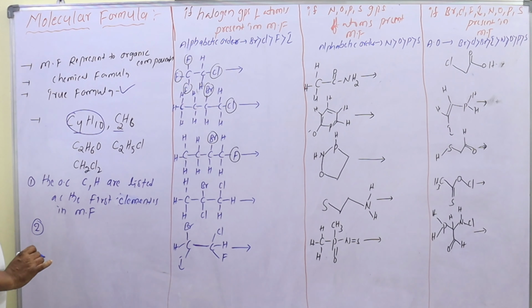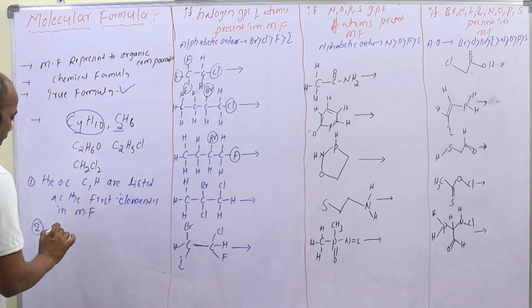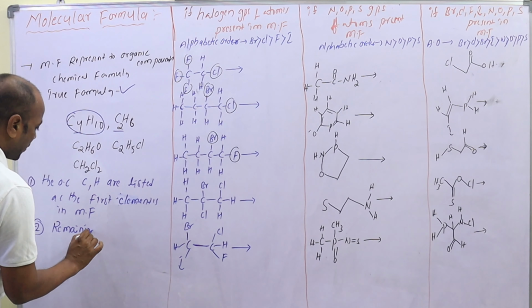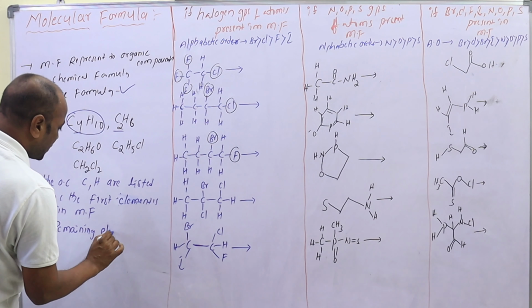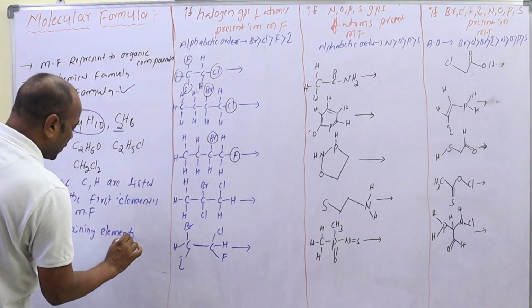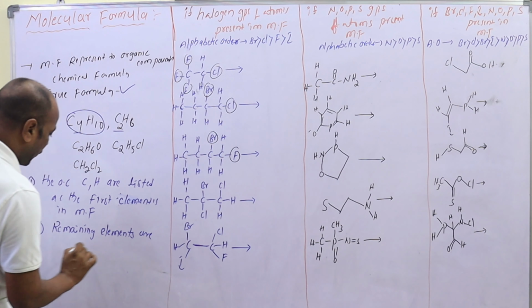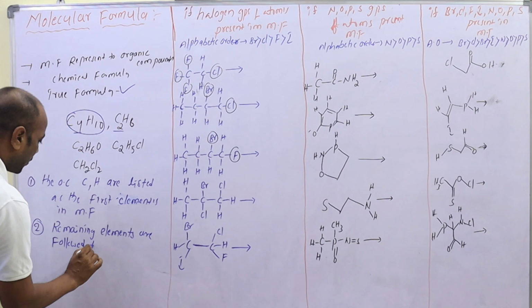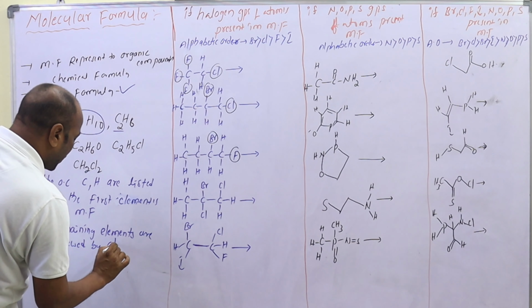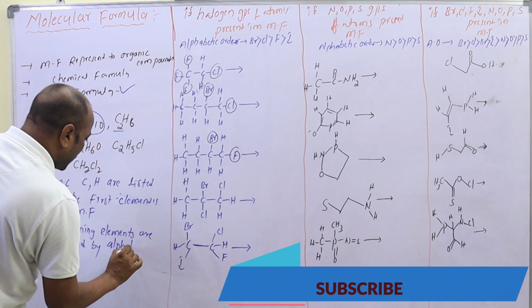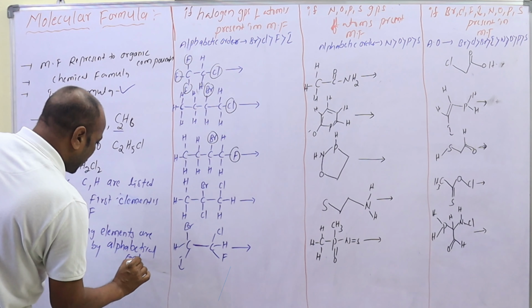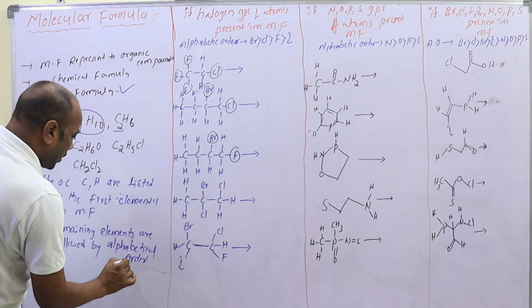The second key point is that the remaining elements are followed by alphabetical order. It is alphabetical order.